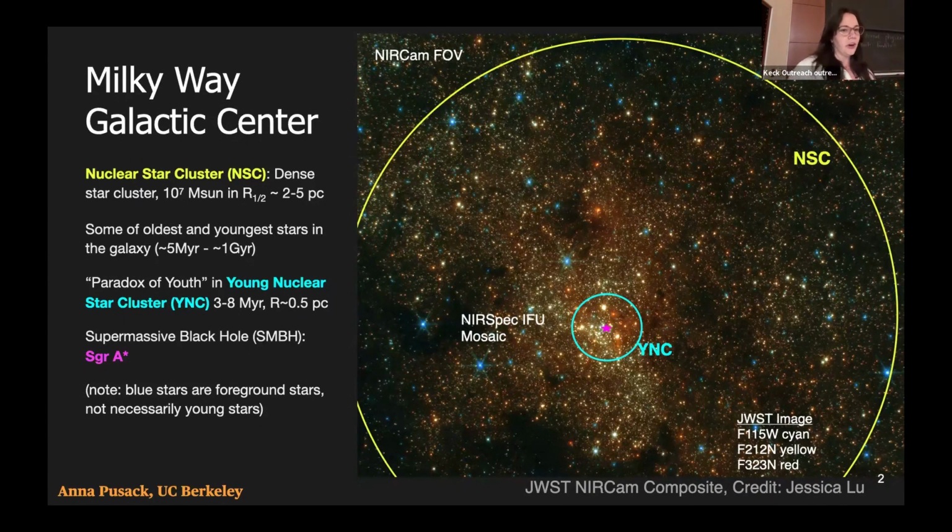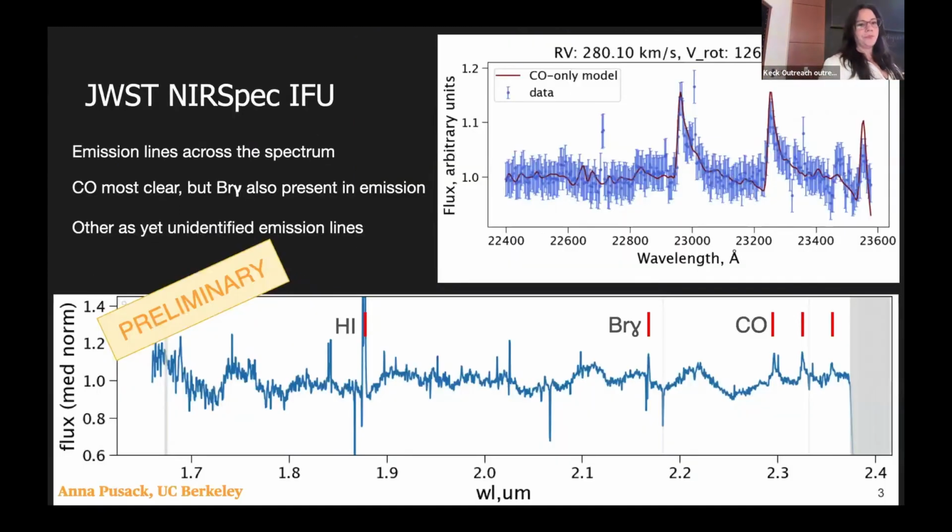Within the cyan circle is the young nuclear star cluster consisting of O and B stars, which is also the field of view of our JWST NIRSpec IFU mosaic, as well as much of our Keck imaging. The object I'm going to talk about is within this cyan circle, just east of Sagittarius A star (north is up, east is left), so within the general location of this young nuclear star cluster.